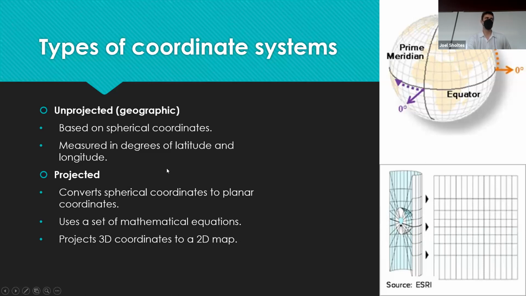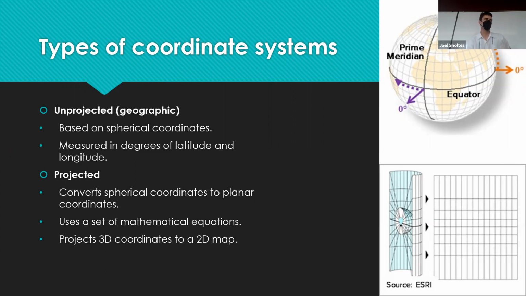Of course, we have spherical coordinate systems, lat and long, and then we have projected coordinate systems, taking spherical coordinates and making them planar on flat pieces of paper like maps. Using a set of mathematical equations to simulate these rays of light coming out of the sphere, we go from 3 dimensions to 2 dimensions. As you can see, there's some distortion, right? Not everything's going to be the same. So we'll talk about that in a second.